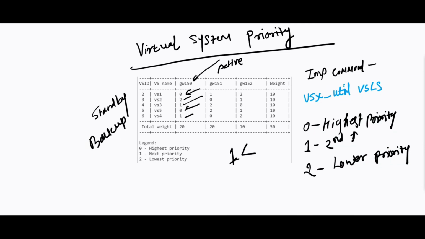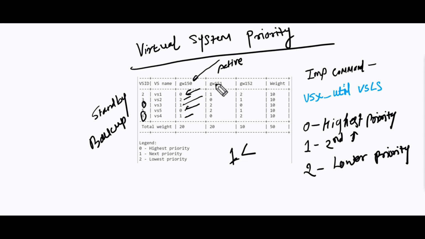Similarly, if you see the other VSX gateways, you will see these priorities, and depending on that you will understand at which gateway which virtual system is acting as active and processing the traffic. So here if you see number 4, number 6, on gateway 150, those are the active ones.